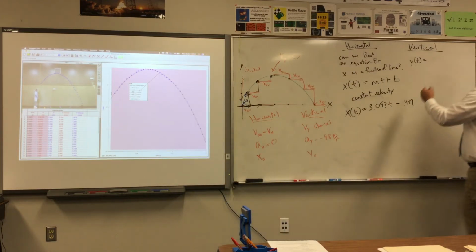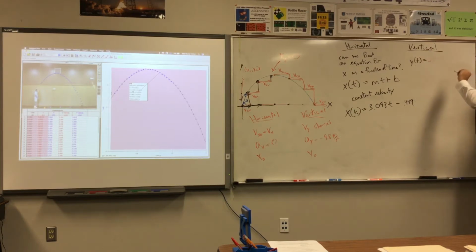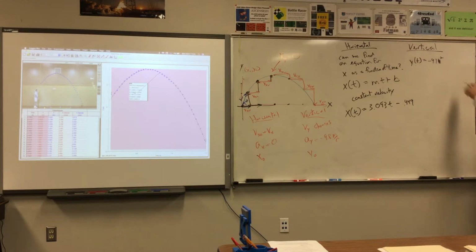Negative 4.08, so 4.1, even better. Negative 4.1 t squared, keep going. What's B? 6.35, so 6.4 t. And then for C? 1.7. Plus 1.7. Yes.